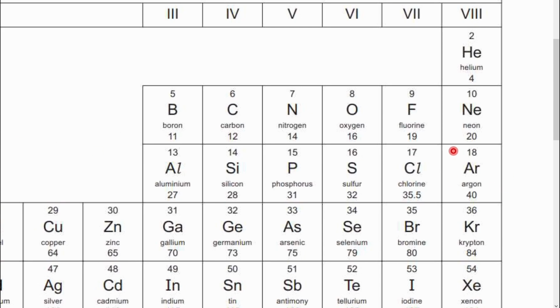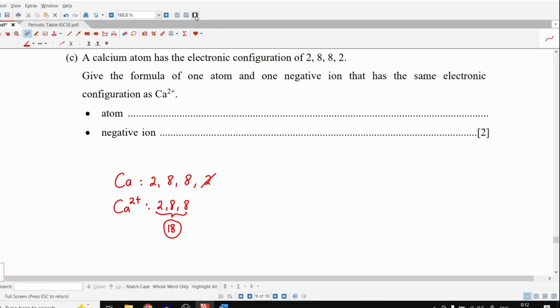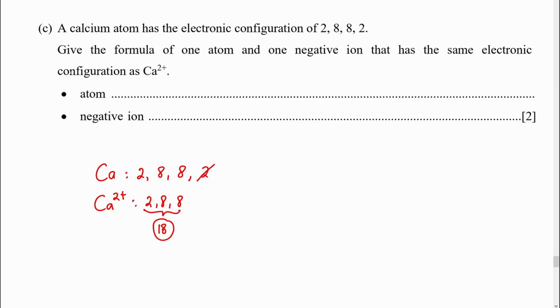The answer is Ar, argon, right? This is the proton number. So the answer here is argon. And you have to read the question carefully, because the question asks you not to write the name but to give the formula, or the symbol. So it's going to be Ar. Don't write argon.